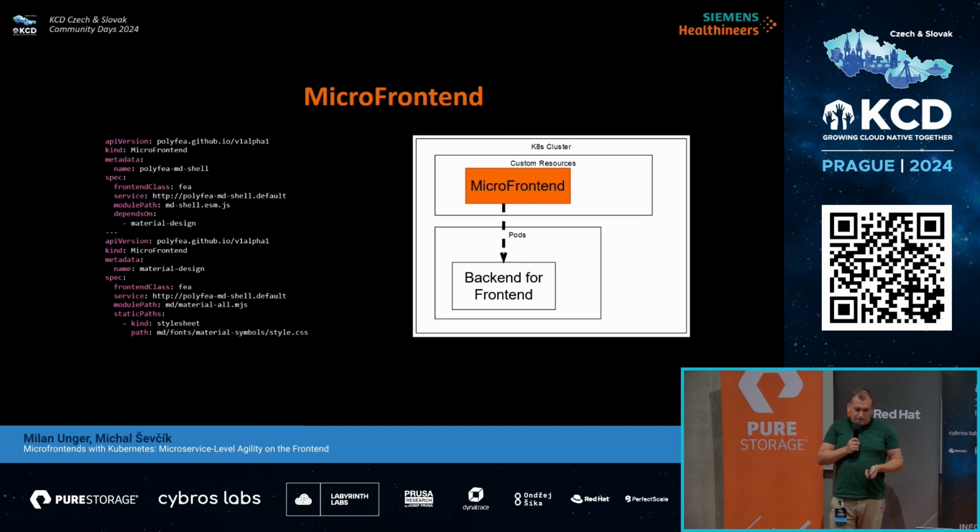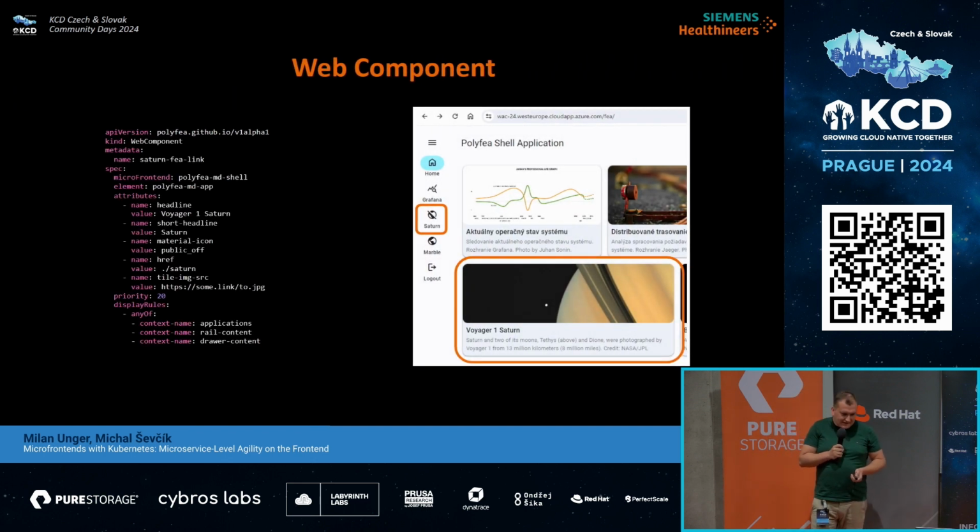And one specialty here is also that you can specify some static files that need to be loaded before the module. So, for example, some fonts or some style sheets and things like this. There are a lot more options, but this is like a simple example. Then we have the web component itself, as I was also pointing with the arrows at the same web components.